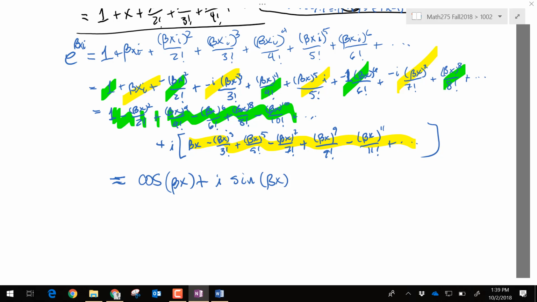Yes? This is Euler's formula. e to the beta x i equal to this is Euler's formula. Instead of beta x, you might see it as theta. So e to the theta i equals that.